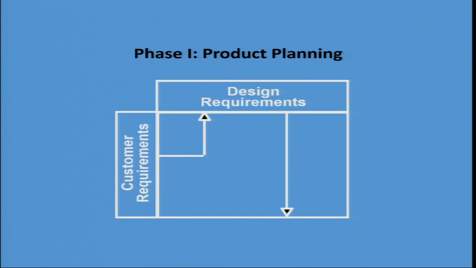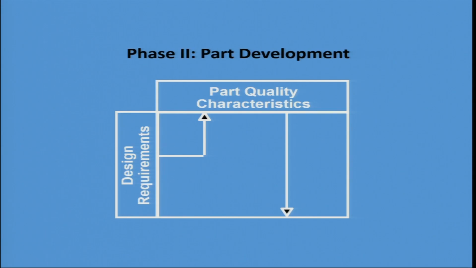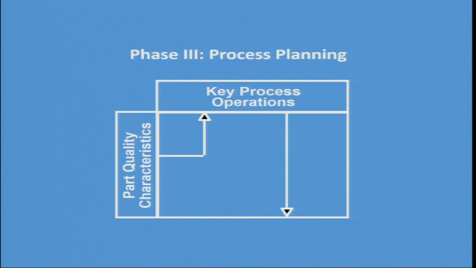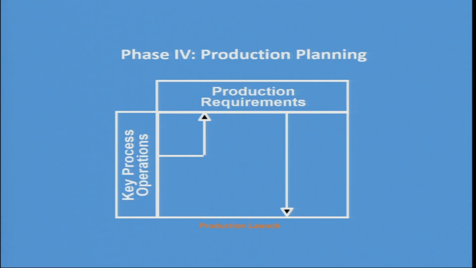The first phase of QFD is product planning, where we say these are my design requirements, and from the design requirements in phase 2 we get part characteristics or detailed specifications of the various parts. And in the third phase, what are the key operations we are going to use? It is more of process planning which we can include at stage 3, and at stage 4 we are doing the production planning, and at stage 5.